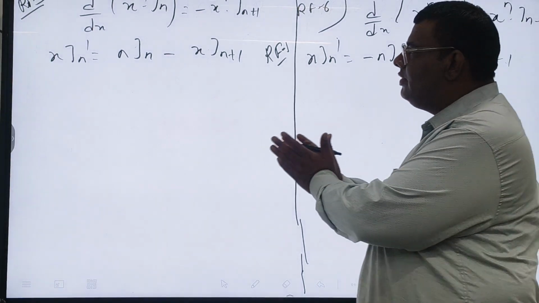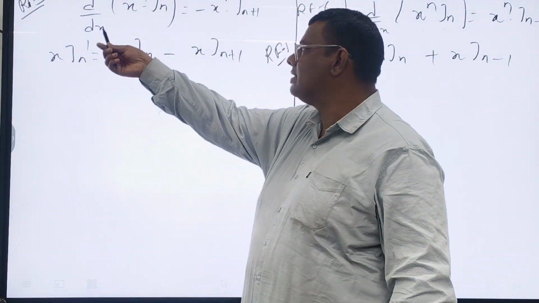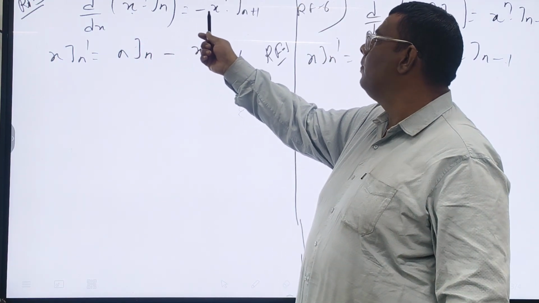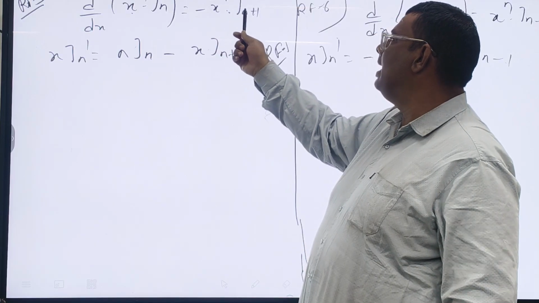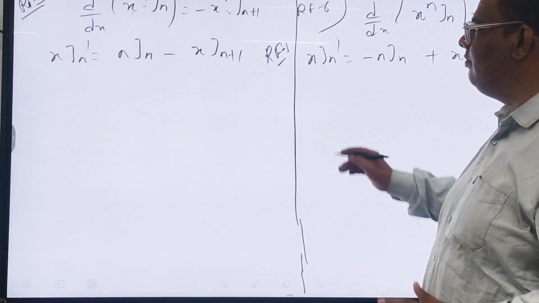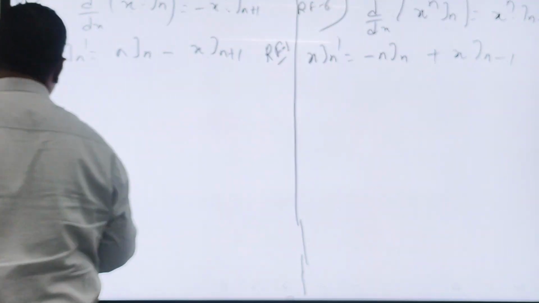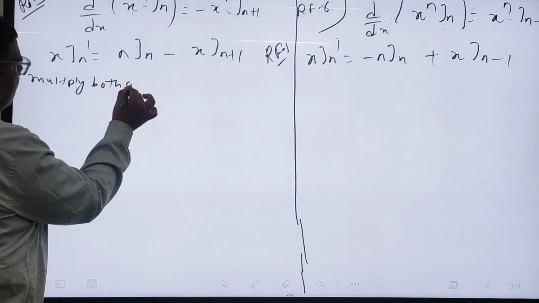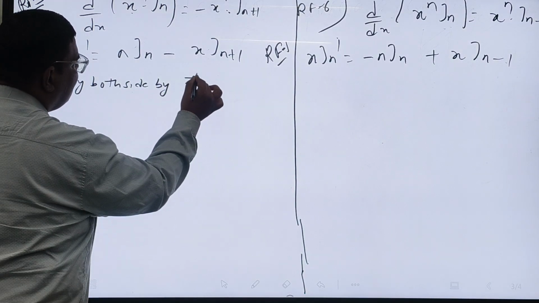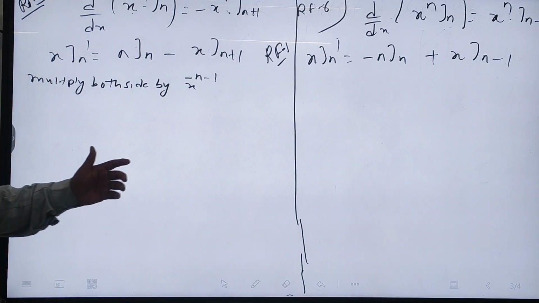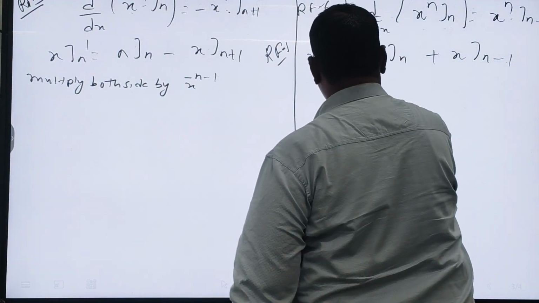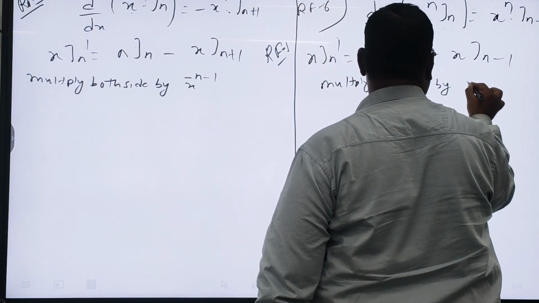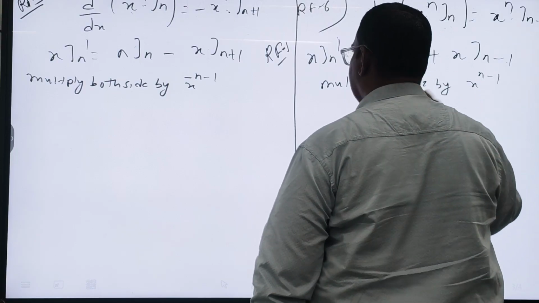Now I will first derive RF5. What is RF5? d/dx of x^(-n) Jn will be equal to -x^(-n) Jn+1. So here I will multiply both sides by x^(-n-1).